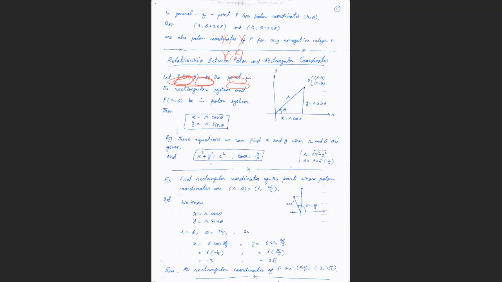So what you should know from these equations: if you have polar coordinates and you want to express them in rectangular coordinates, then you have to use this formula: x is equal to r cosine of theta, y is equal to r sine of theta.